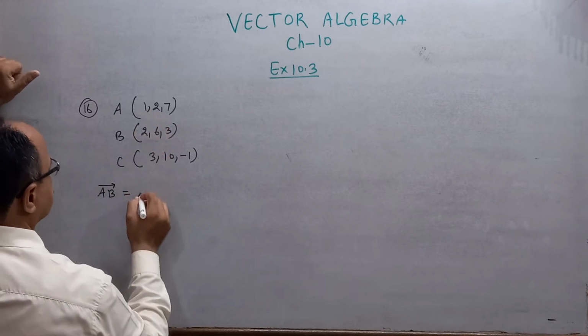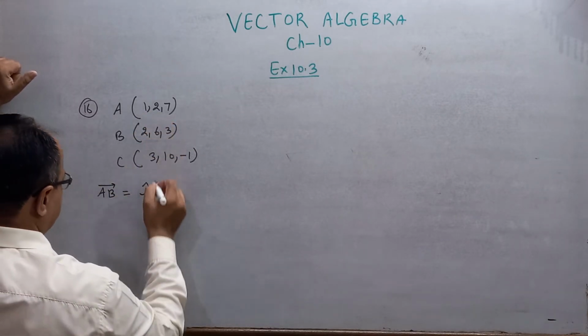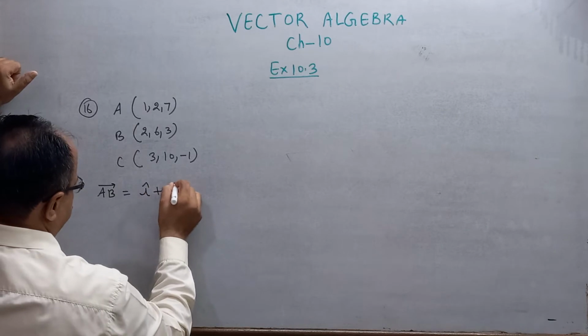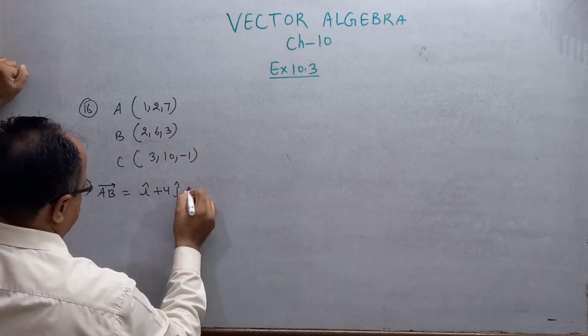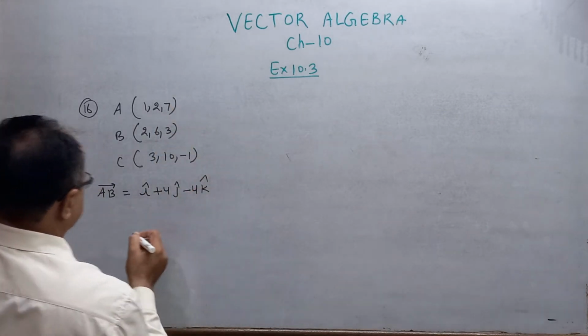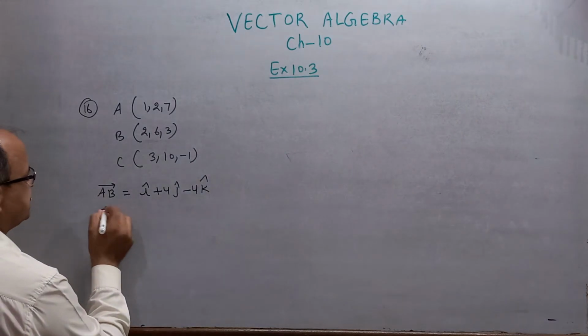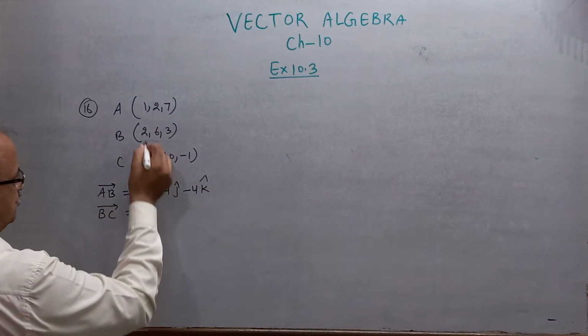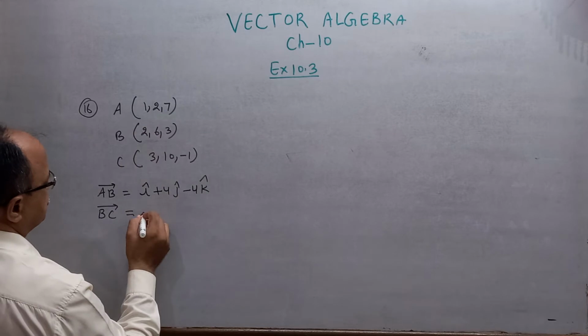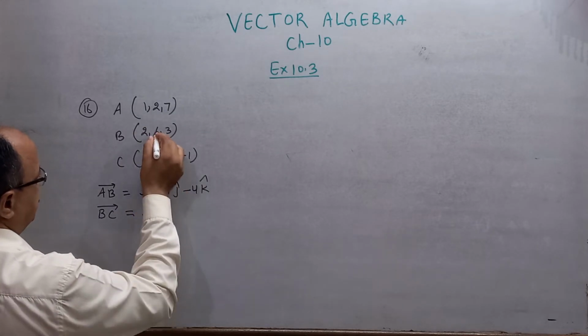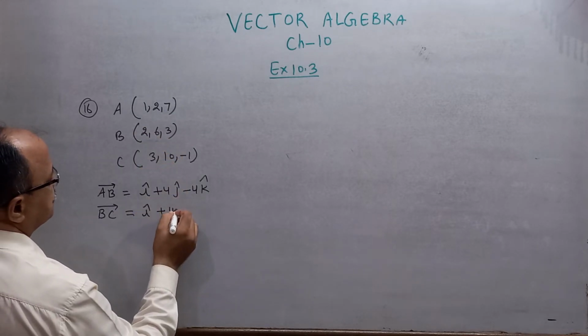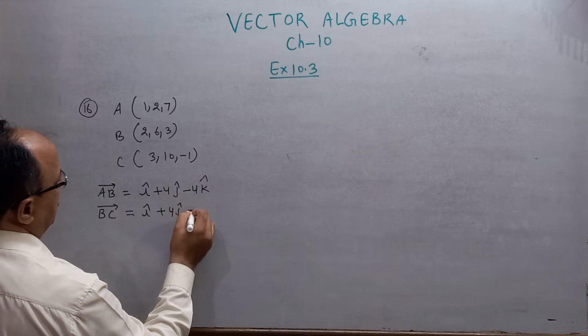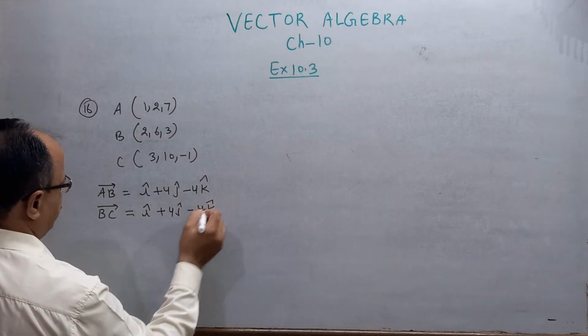2 minus 1 is 1 I cap, 6 minus 2 is 4 j cap, 3 minus 7 is minus 4 k cap. Now find vector BC. 3 minus 2 is 1 I cap, 10 minus 6 is 4 j cap, and minus 4 k cap.